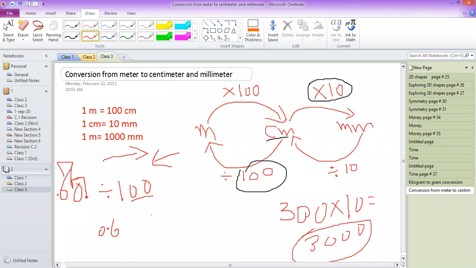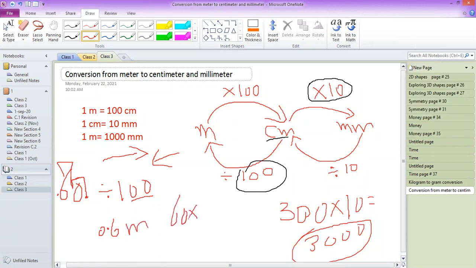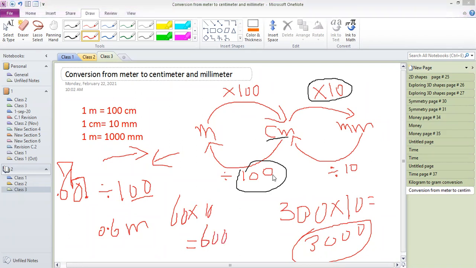That will be 0.6. So 60 centimeter is equals to 0.6 meter. And for millimeter, it's very easy. 60 multiplied by 10 is equals to 600. Clear, guys?